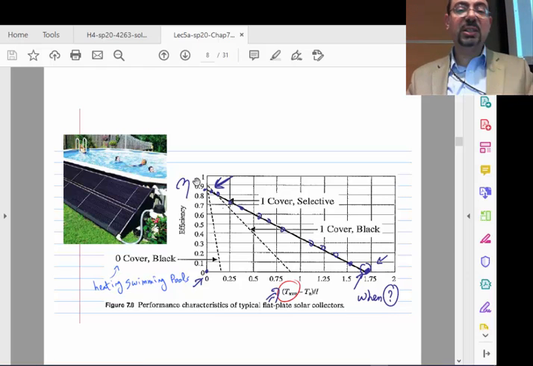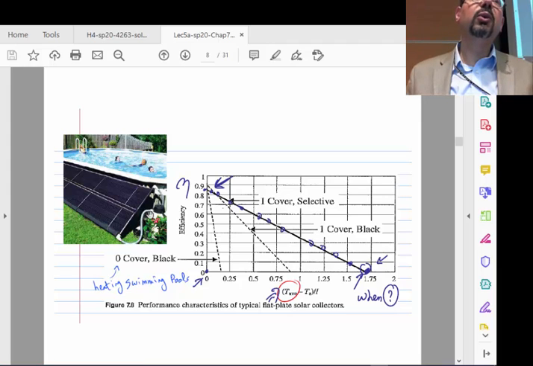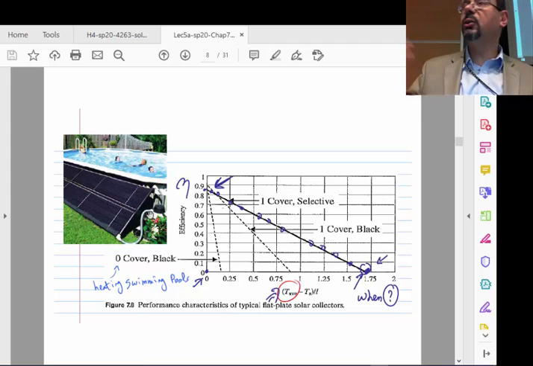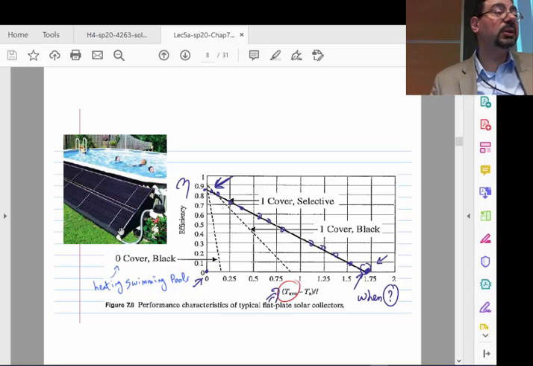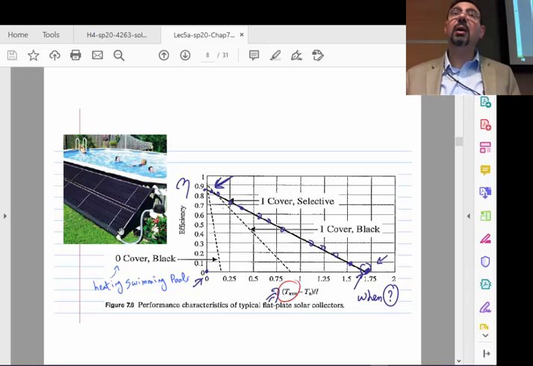So now this efficiency is useful to figure out how much heating you will be able to absorb or get into the application, whether it's a swimming pool or a house or a dishwasher or whatever the heating place you are heating. Through this equation, through this curve, you'll be able to calculate the m dot output, or useful, by multiplying the efficiency times the input radiation, times the area.